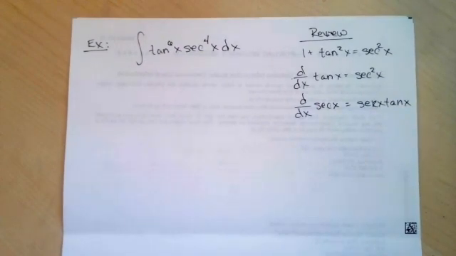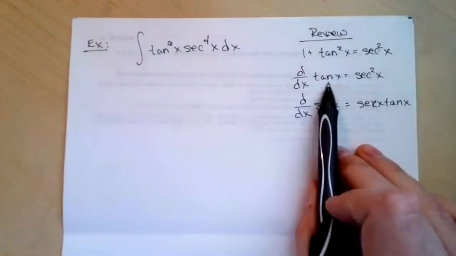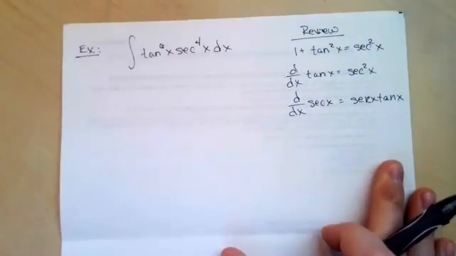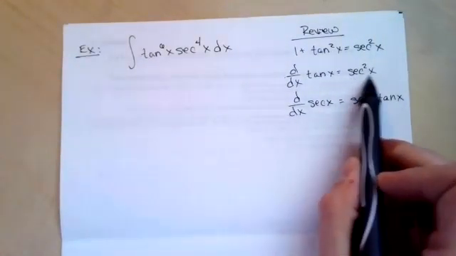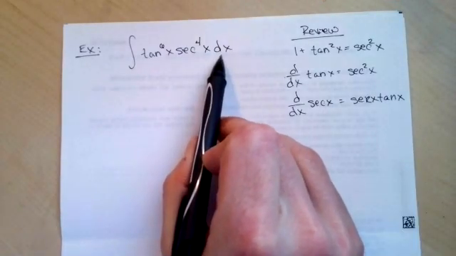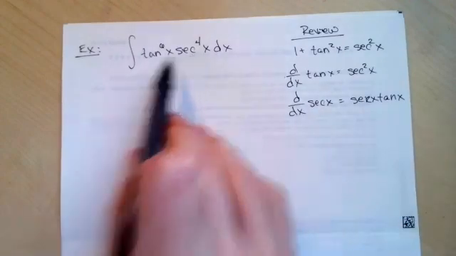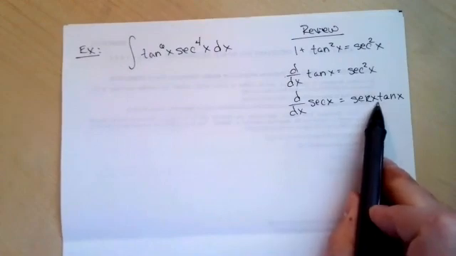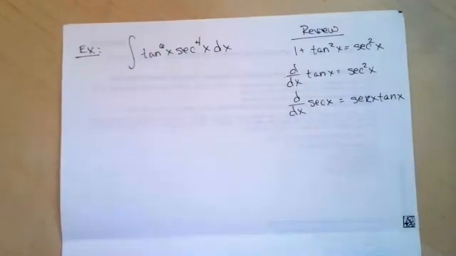Secants and tangents are a little bit different, because if we want to substitute out our tangents with our u sub, I need to have two powers of secant remain for the differential. With secant, if we want to make our u sub as secant, we actually need to leave one power of secant and one power of tangent to substitute out in the differential. So sometimes one works, sometimes the other doesn't. And so you just got to get used to practicing some of these.